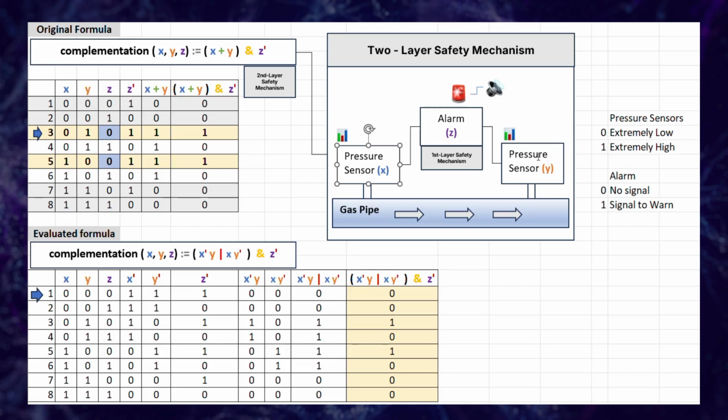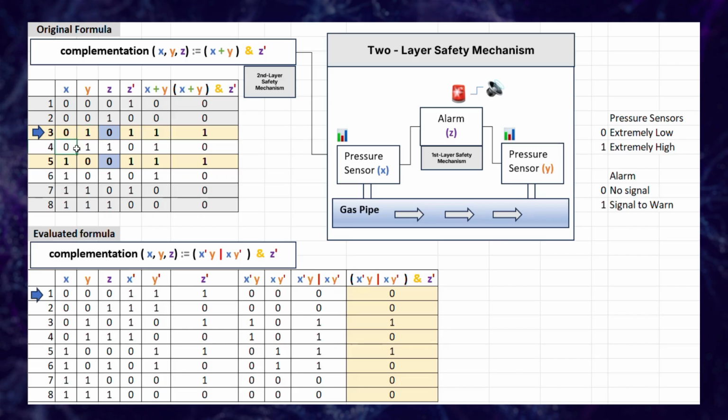Now, if pressure X is not the same as pressure Y, this is extreme. Let's focus our attention on scenario 3. In this case, X is 0, meaning the pressure is very low, and here the pressure is very high.